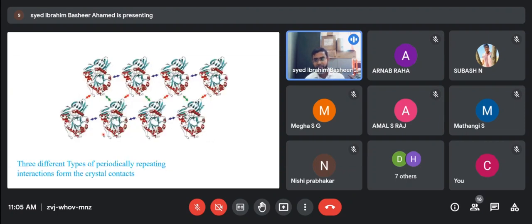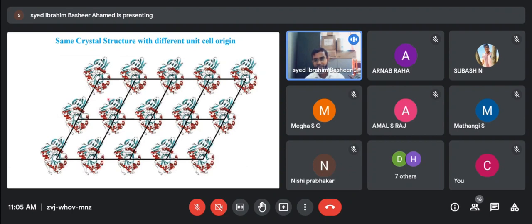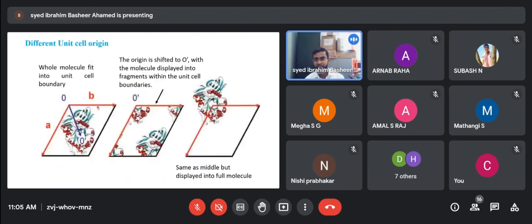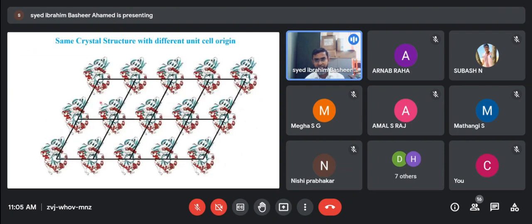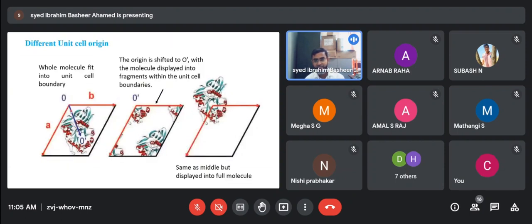Whereas in this crystal structure, the origin is not this one. It is shifted. In the previous case you had the entire molecule here, but in this case the origin is shifted, 0 prime.